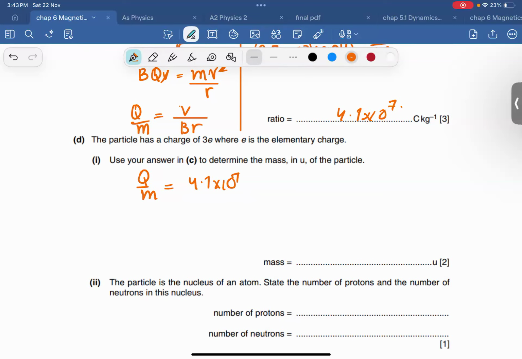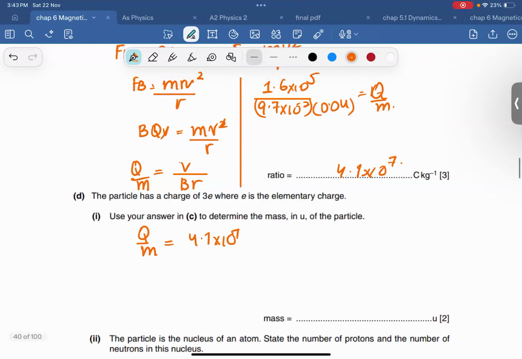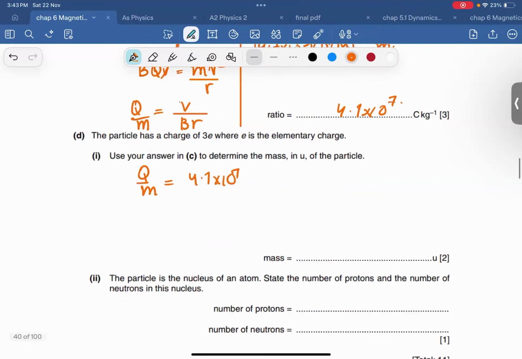We have charge given as 3e, where e is the elementary charge of 1.6 exponent negative 19, and the mass is what we have to find out.